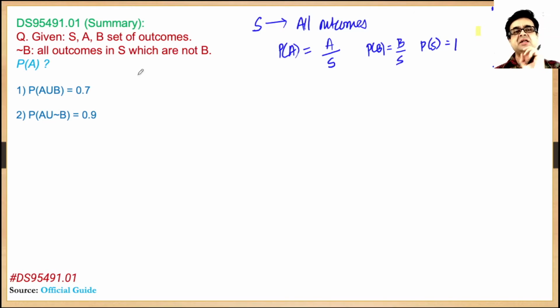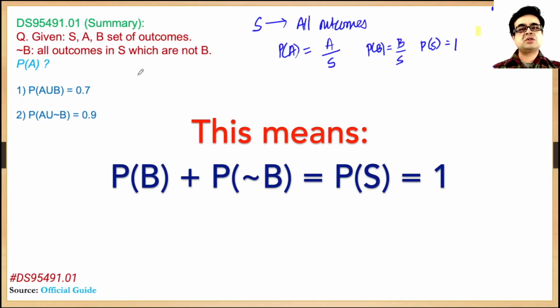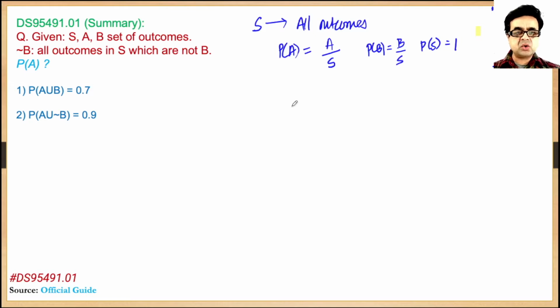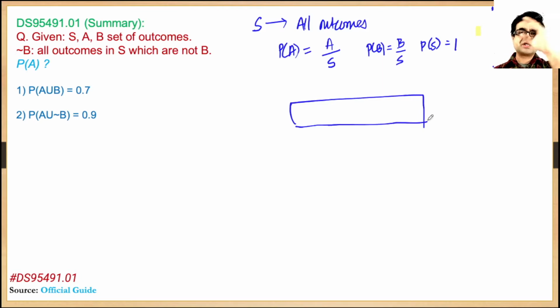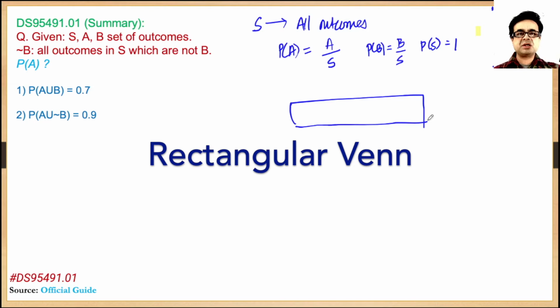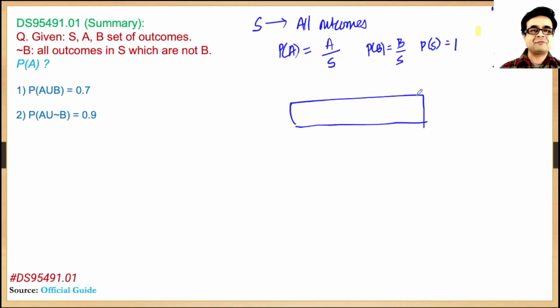It is given that tilde B, or I'm going to call it not B, are all outcomes in S which are not in B, right? So B and not B all fall in this S set. There is nothing outside of the set. So let's take a look at what that would look like, and I'm going to create a Venn diagram, but instead of creating a circular Venn diagram, which confuses a lot of times, I'm going to create a rectangular one, and that is an absolutely fine approach, although not very popular.